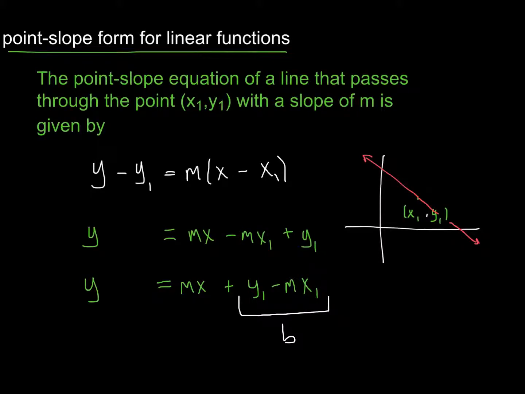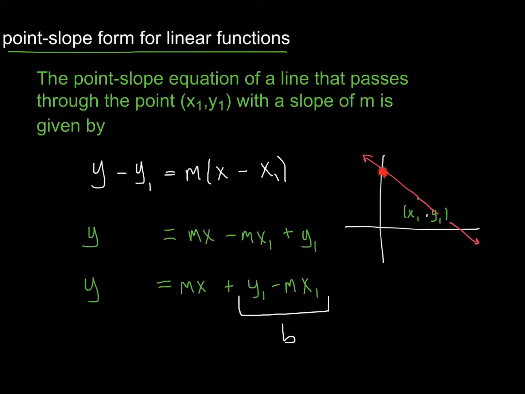The reason this should make sense is that to find your y-intercept, if you know this point here, you're just going to say that this point is x1 units away from where x is 0. And since our slope is m, we multiply that change in x, x1, times m, and subtract it away from what our y value is now.